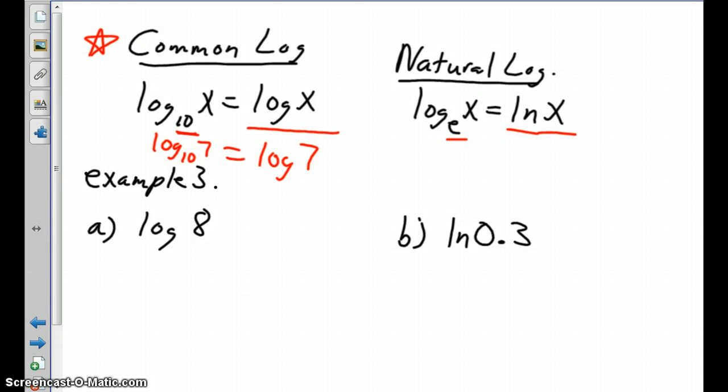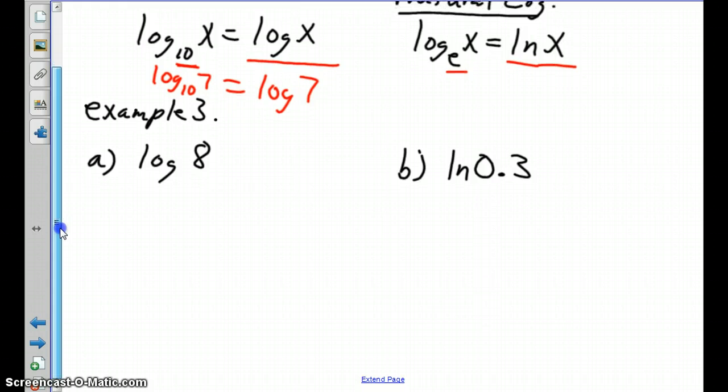All right, so these problems you have to do are super simple. All you're going to do is this. You're going to go to your calculator, put log in the calculator, and hit the number 8. Close the parentheses. And what we normally do is round it to the 4th decimal place. So type in log, then 8, close the parentheses, press equals, now round it to the 4th decimal place.